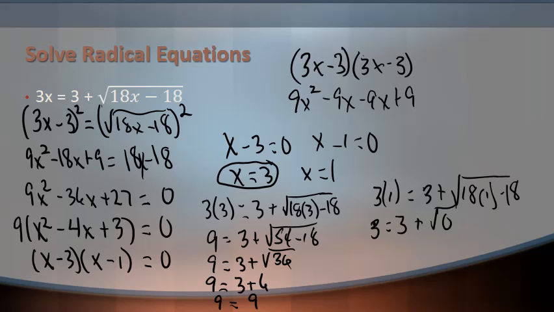Well, the square root of 0 is 0, so 3 equals 3. So x equals 3 and x equals 1 are both valid solutions, and I am going to represent my answer in this fashion. I'm going to use interval notation.